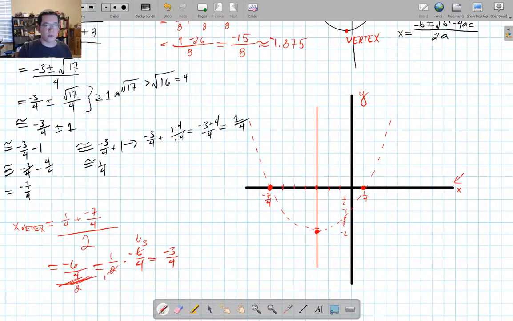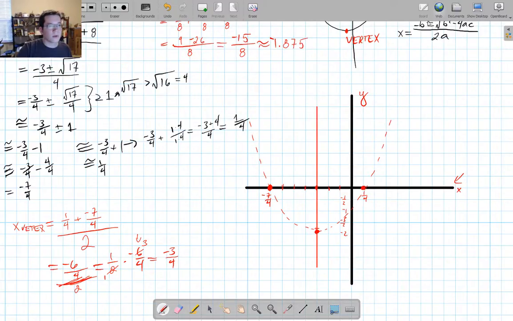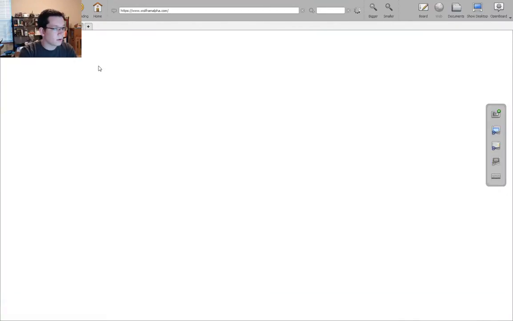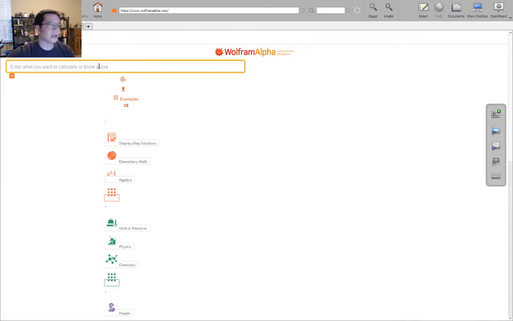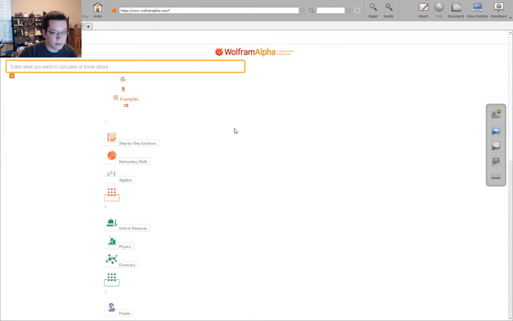Now, if I bring up Wolfram Alpha, and I ask it what is the graph of our formula, y equals 2x squared plus 3x minus 1. It doesn't work.